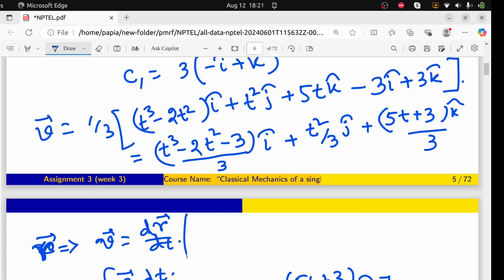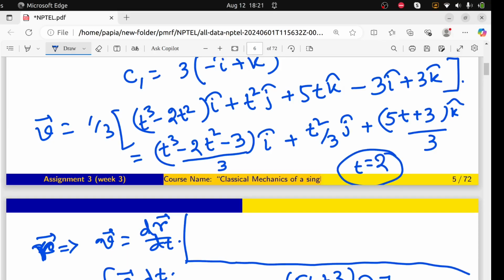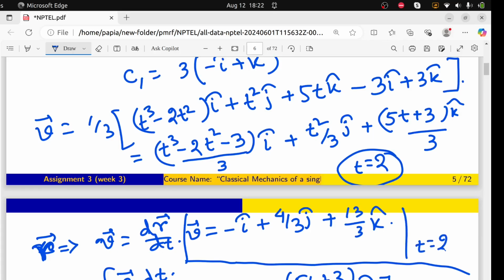If t equals to 2, the velocity is 8 minus 8, which cancels out, so minus i cap plus 4 by 3 j cap plus 10 plus 13 by 3 k cap. So this is the velocity at t equals to 2.